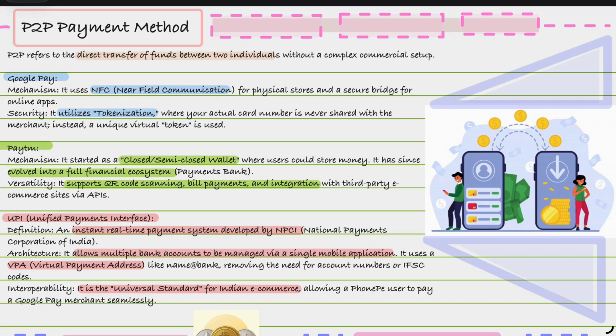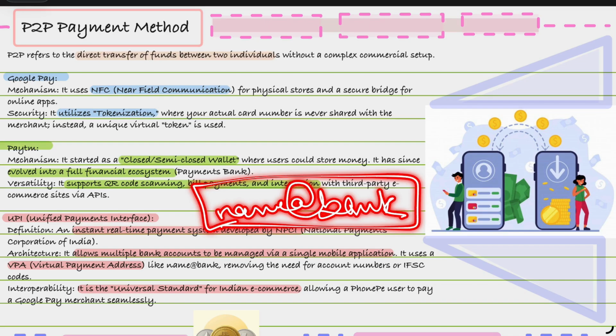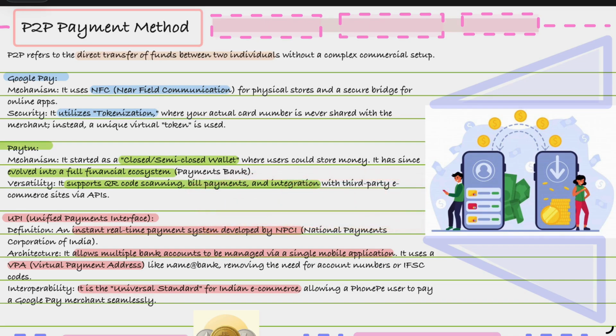By utilizing the VPA that we talked about, the virtual payment address, which is like name@bank, right? You see this kind of ID when you open your GPay or anything. So what happens is that it completely removes the need to share sensitive account details or IFSC codes, right? You just use this VPA, virtual payment address.